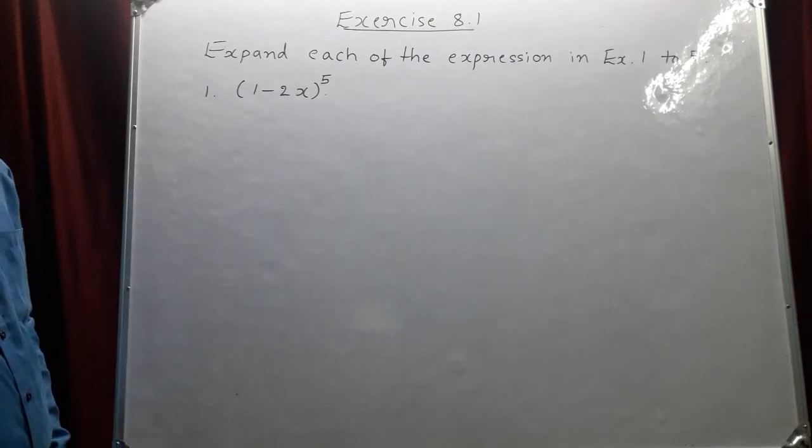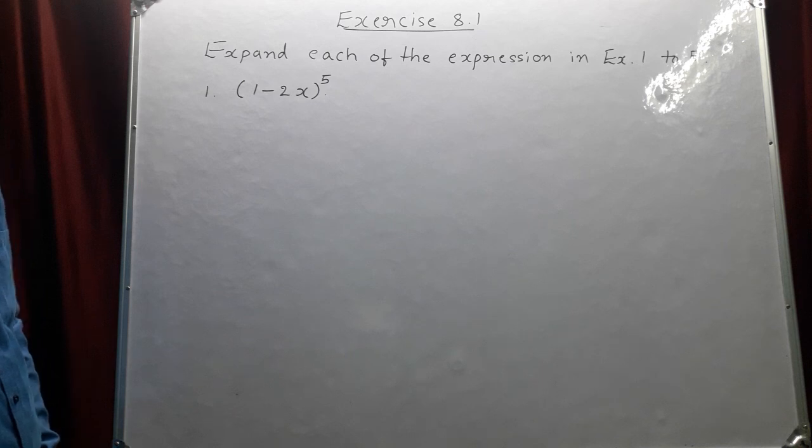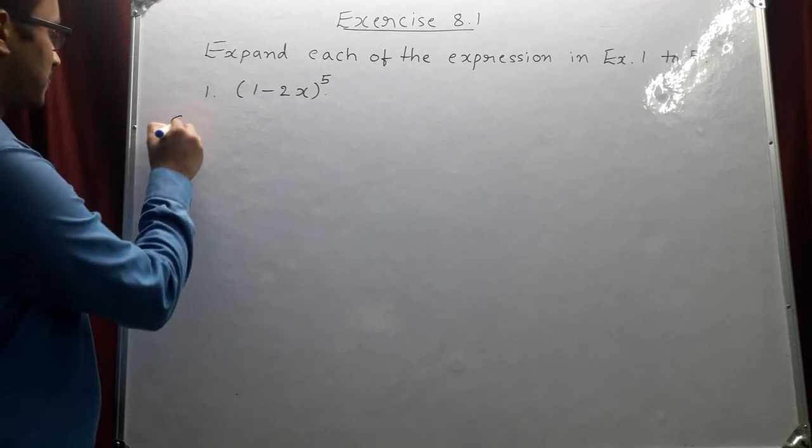Now let us solve exercise 8.1. Expand each of the expressions in exercises 1 to 5. First question, (1 minus 2x) power 5. So, solution.